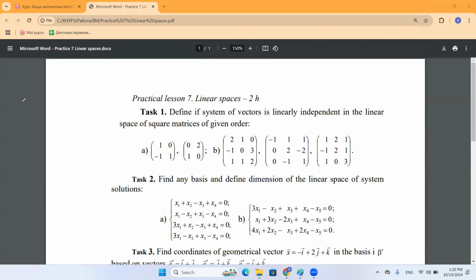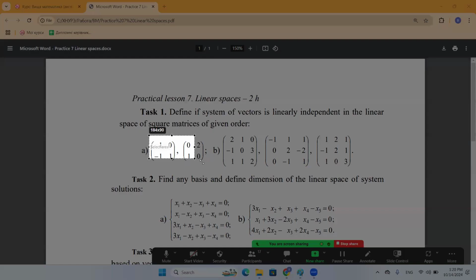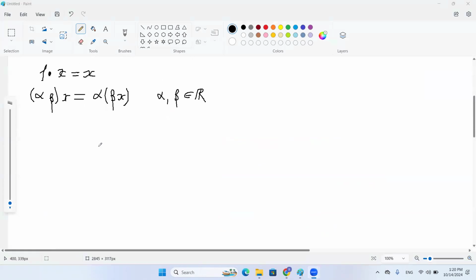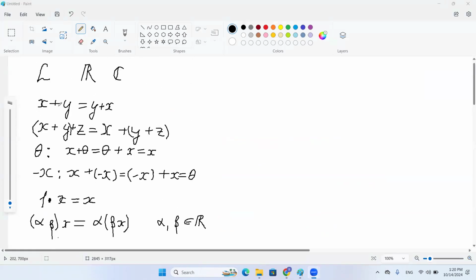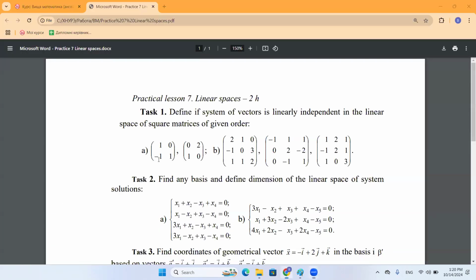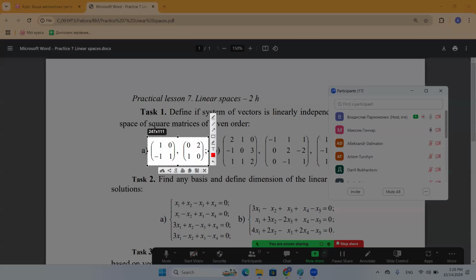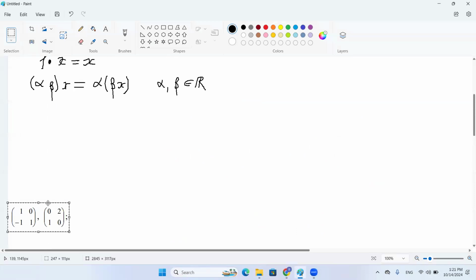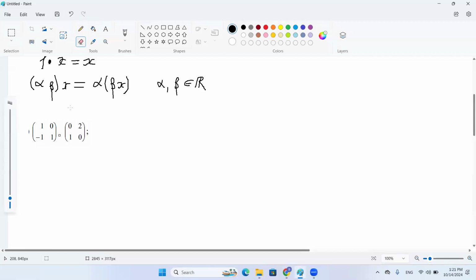Who remembers how to check and what linearly independent means? Does anybody remember? Maxim, go on. As I remember, we need to multiply each of the vectors of this system by some number called alpha, and then add them and see if it equals zero.